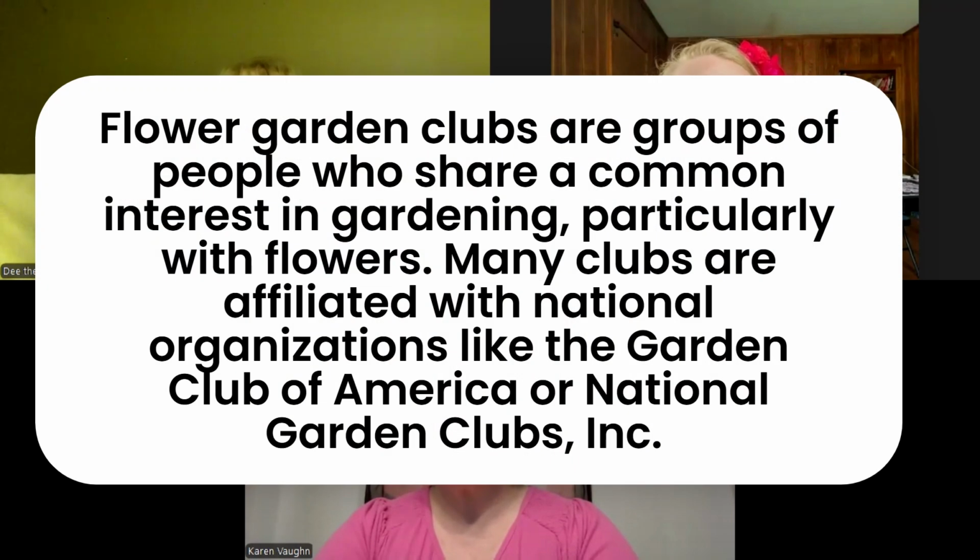Something else that flower gardening does is there's a whole community around it. You're outside, you see your neighbors. You might actually belong to a garden club, which I know many cities have.